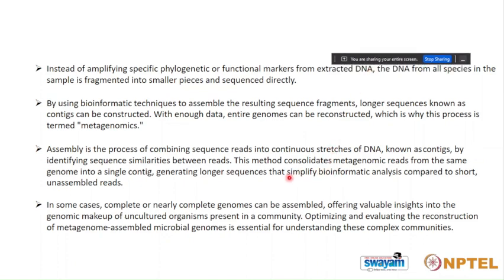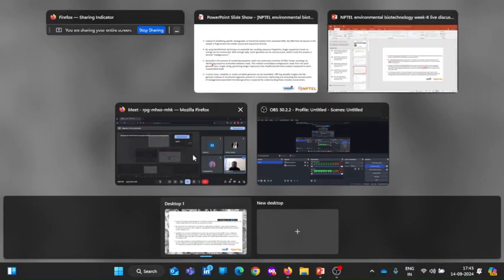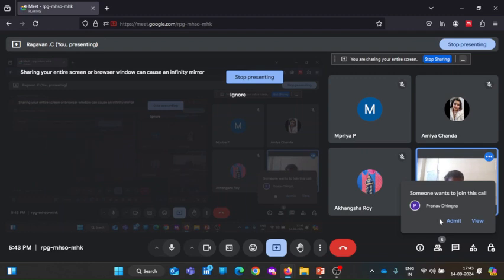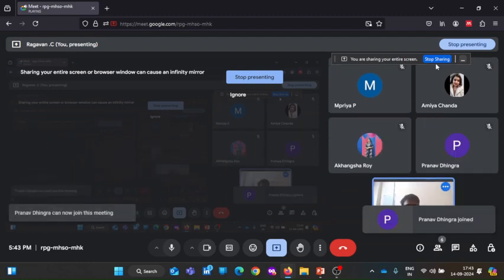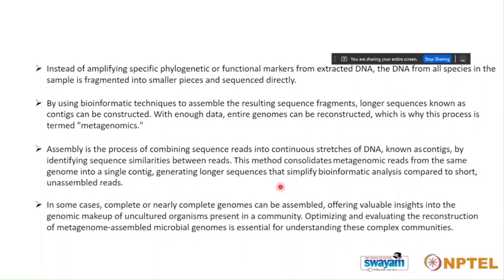This is done by the process called assembly, in which we sequentially arrange the DNA sequences based on the overlapping sequences of the DNA fragments. So say if we have two DNA fragments, and at the extreme ends the DNA fragments have overlapping sequences, then we can arrange those two sequences together. So this is how assembly is done.